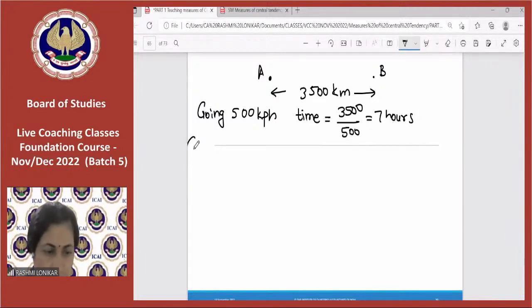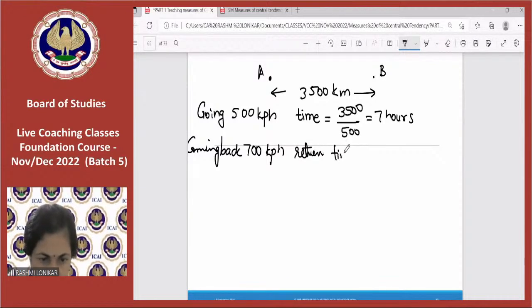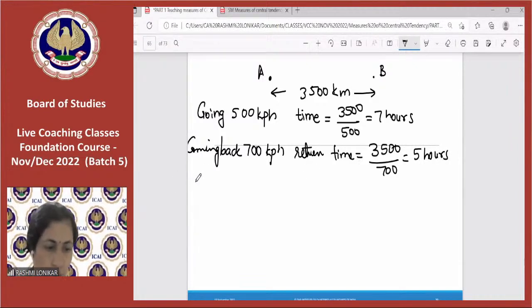Okay, while coming back, what is the speed? 700 kph. How much will be the return time? 3,500 divided by 700. How much is this? 5 hours. Okay. So total distance traveled is how much? 3,500 while going, 3,500 while coming back.